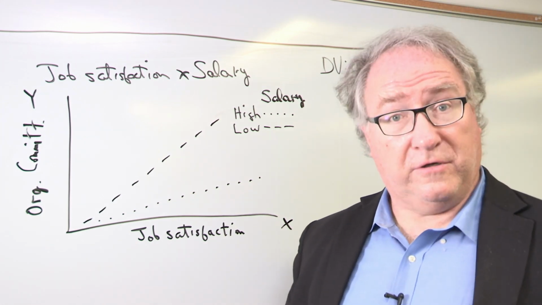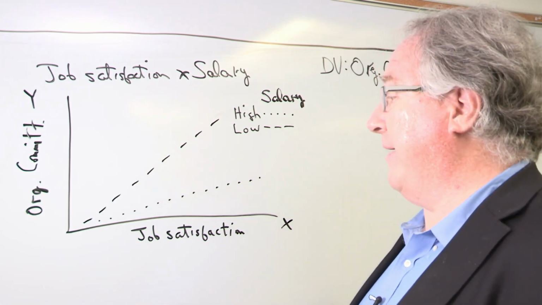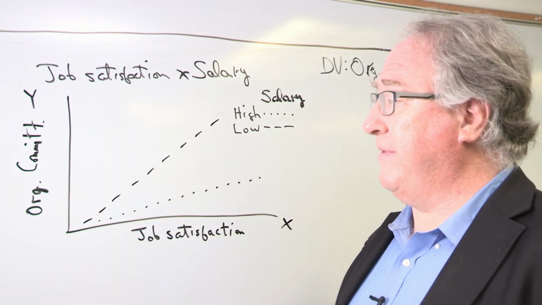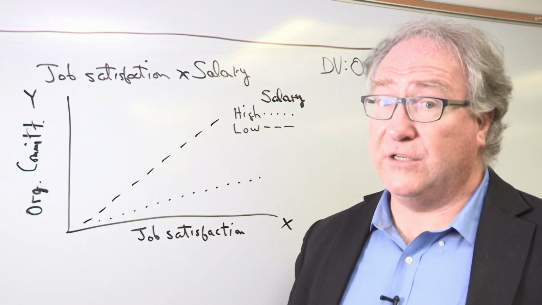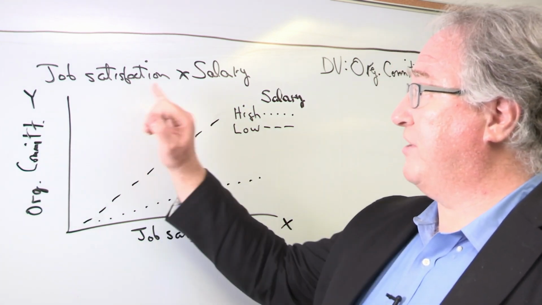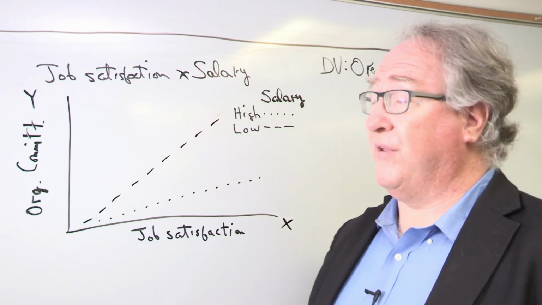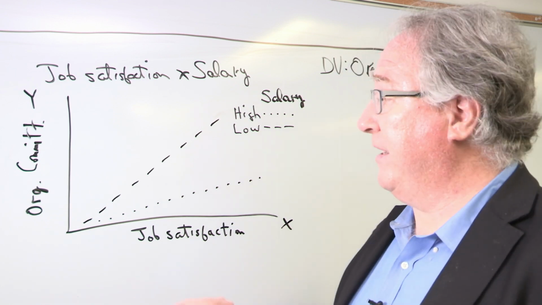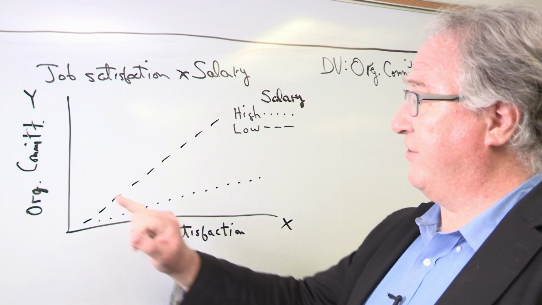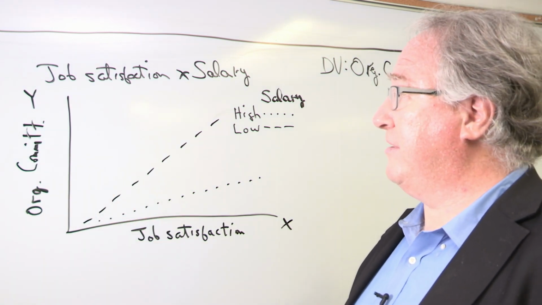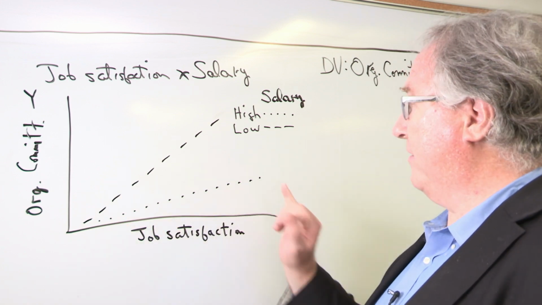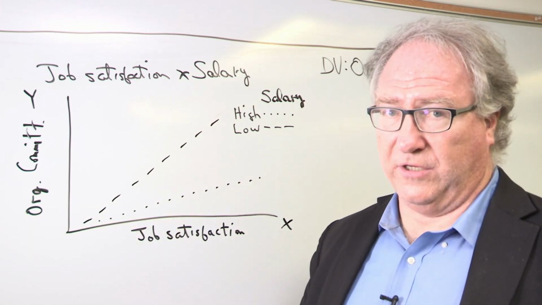Okay, so that's important to know, right? So we're not thinking about the effect of job satisfaction on organizational commitment as being the same among all employees, because we find with this significant two-way interaction of job satisfaction by salary that we actually have two effects. In this example, a strong effect of job satisfaction on organizational commitment among low salary employees, but no effect among high salary employees.